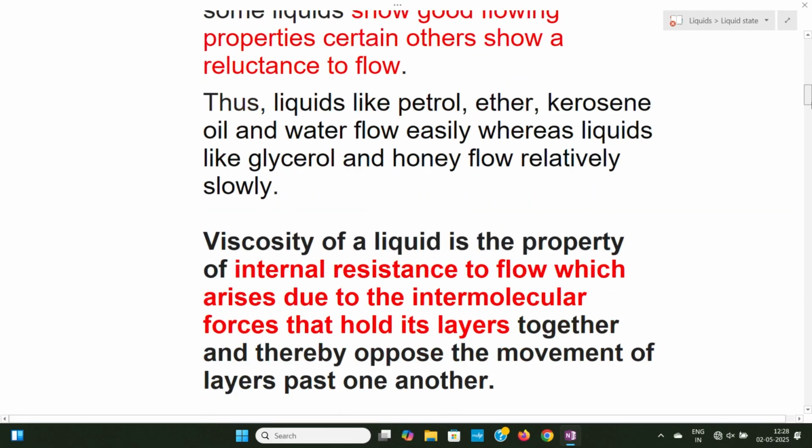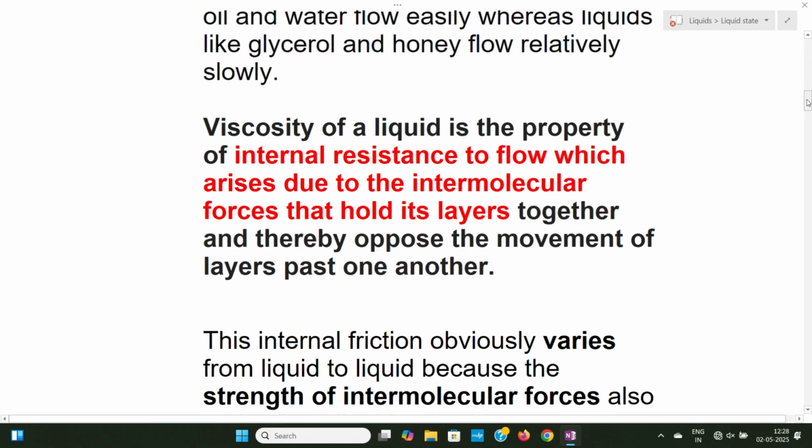Coming to the definition, the viscosity of a liquid is the property of internal resistance to flow. This is the internal resistance to flow, some difficulty to flow. What is the reason for the internal resistance to flow? It arises due to the intermolecular forces that hold its layers.